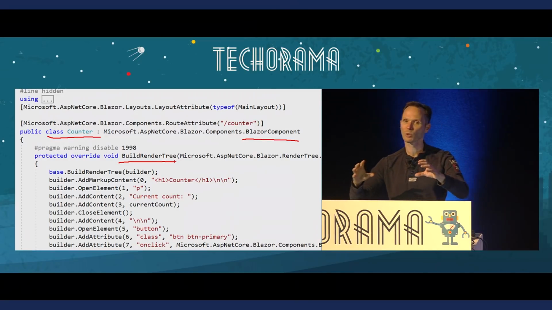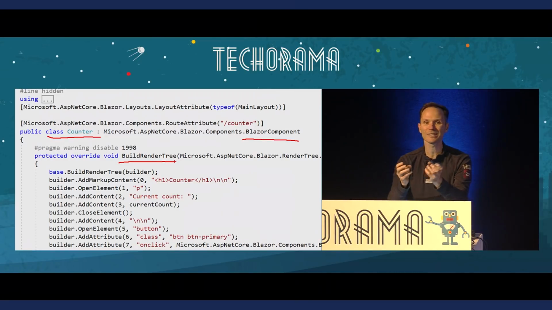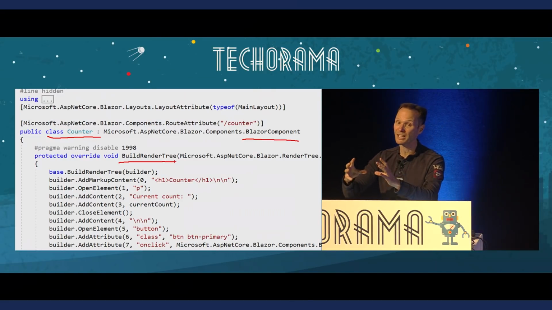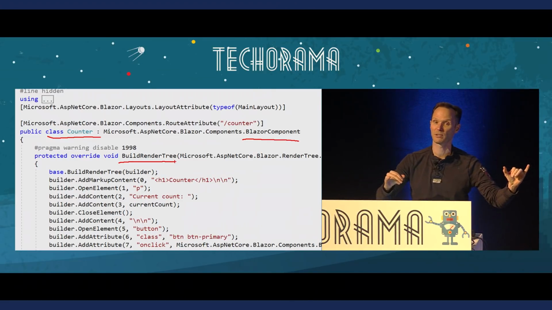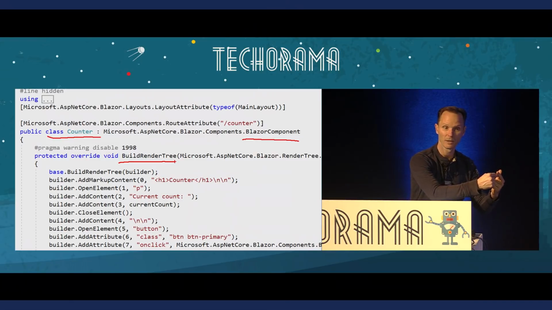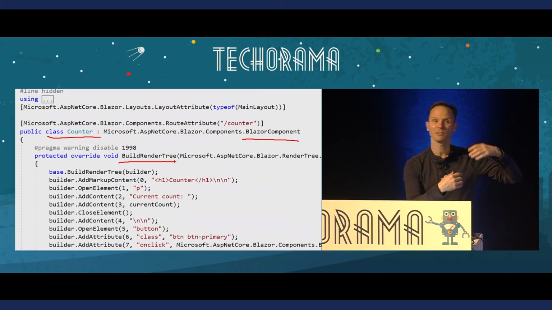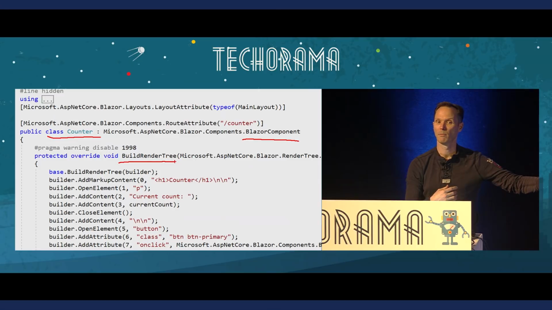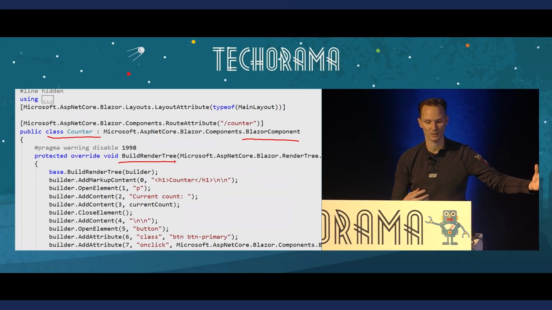And this virtual DOM is then continuously monitored for changes. If something changes, it communicates these changes to the JavaScript part of Blazor, and JavaScript then takes these changes and propagates them to the DOM. That is how all this stuff works, okay?